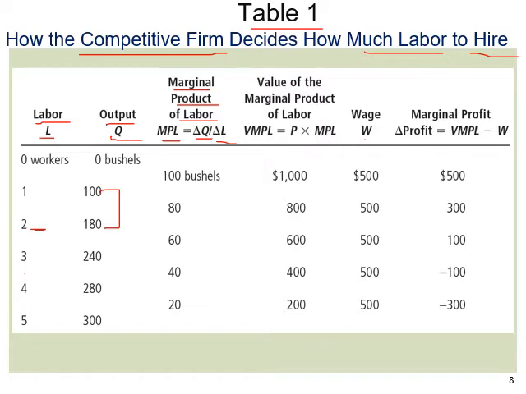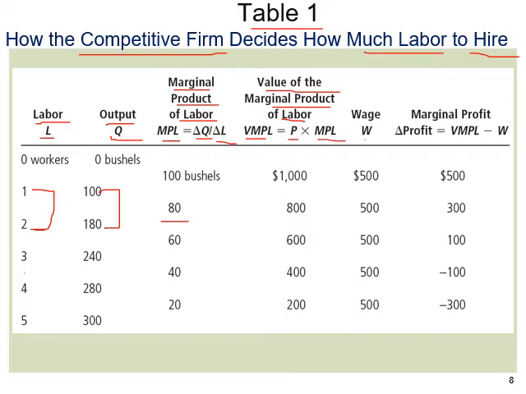The change in labor, 2 minus 1, gives 80 bushels. On the other hand, the value of the marginal product of labor, VMPL, equals the price of the output times the MPL.